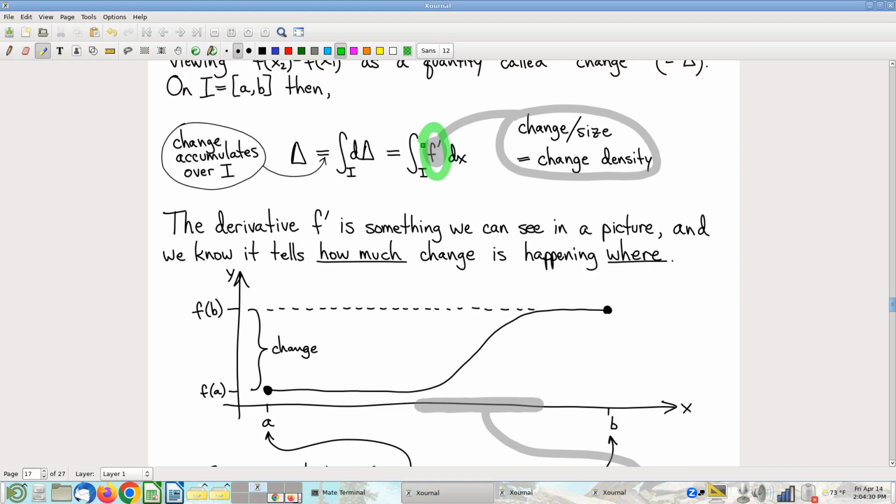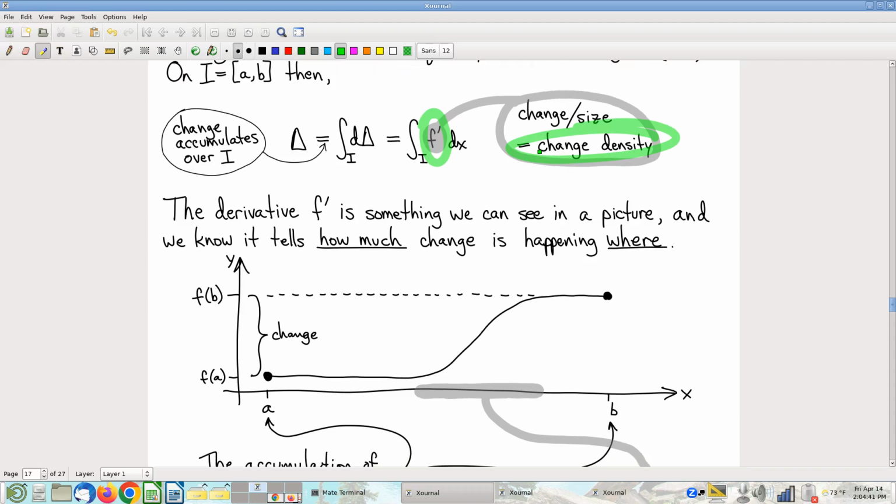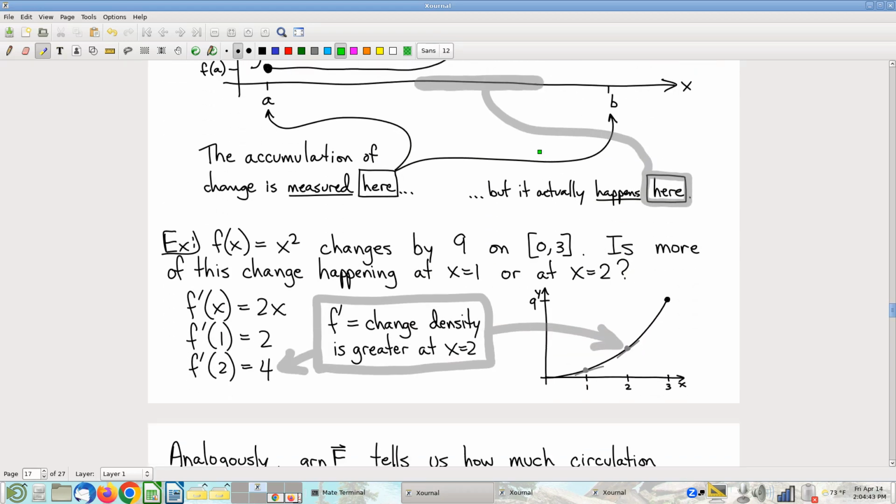It's the integrand in an accumulation theorem for change. And as such, you can view it as being a density, and it can be used to point to where that stuff is. Namely, change being a stuff, an accumulating quantity that we view as like a material substance.